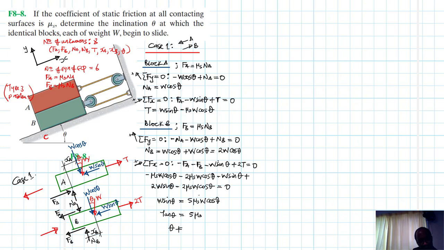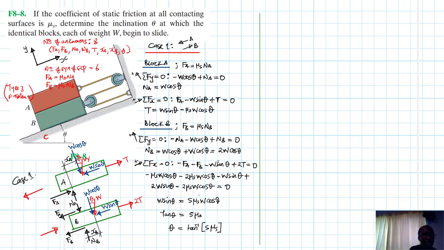Therefore, theta will be equal to tan inverse of 5 mu s. Alright, so this is the first case. So our first case gives us promising results. Let's check what we have on the other side.